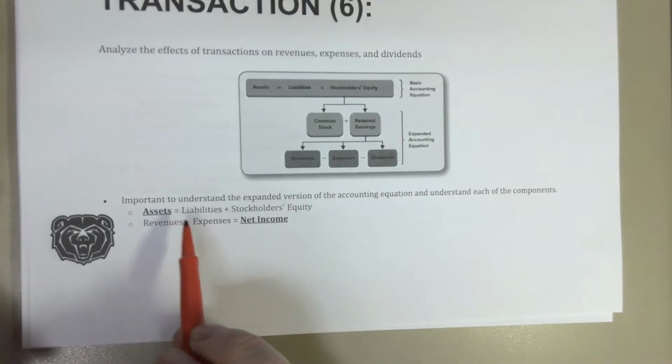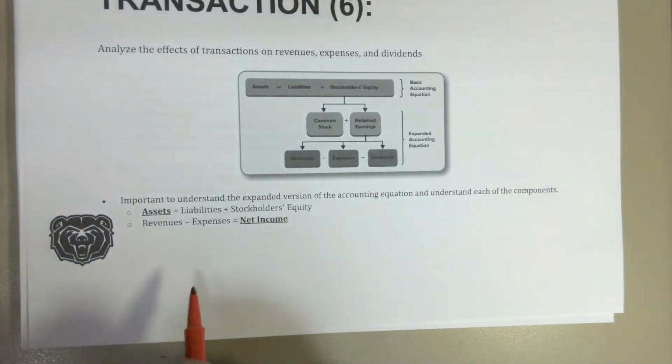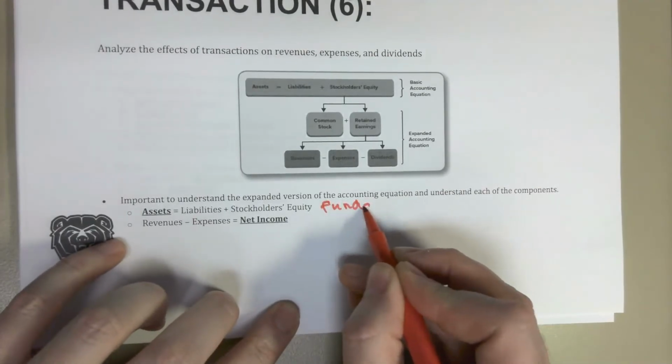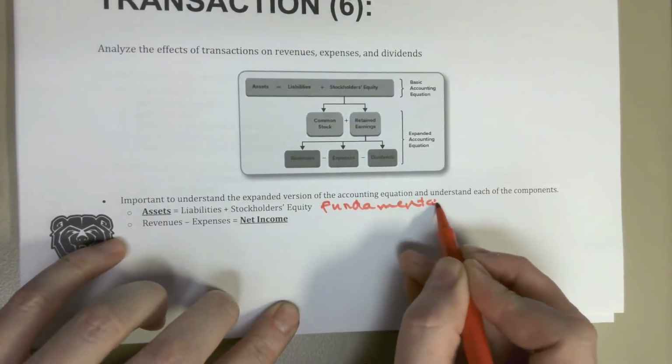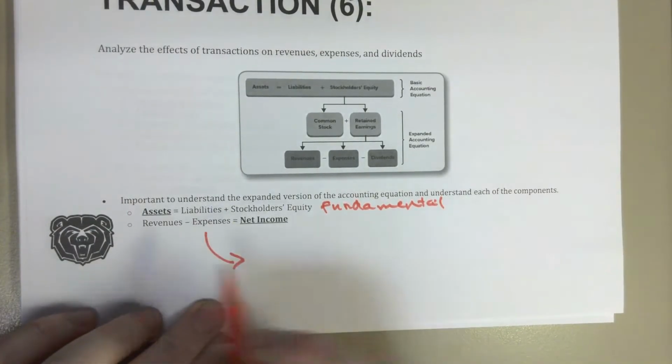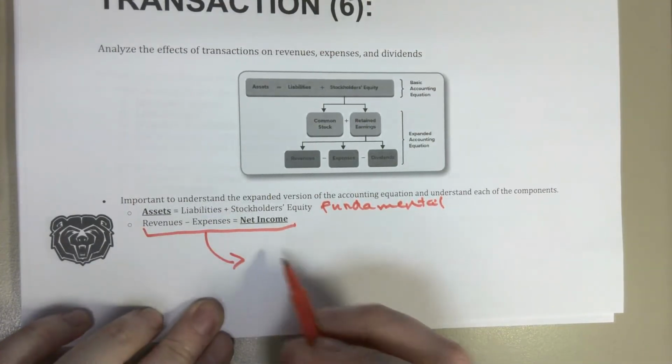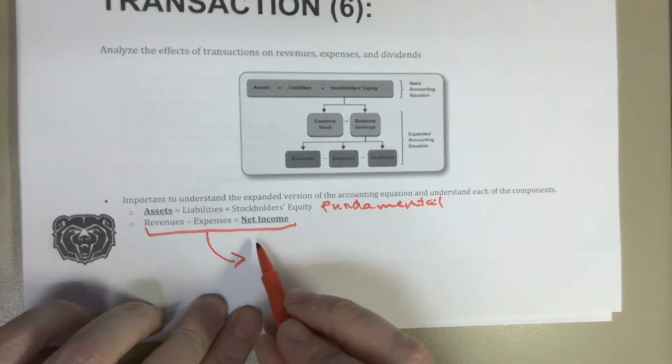So it's important to understand that assets equals liabilities plus stockholders' equity, that's your fundamental equation, right? But then you really want to understand this portion down here too, right? This is part of your retained earnings, okay? So you really want to understand that.